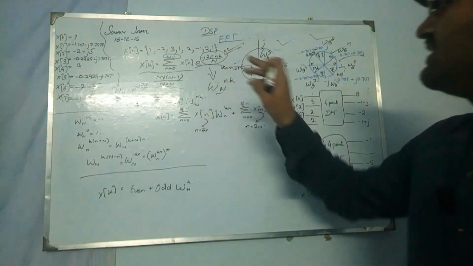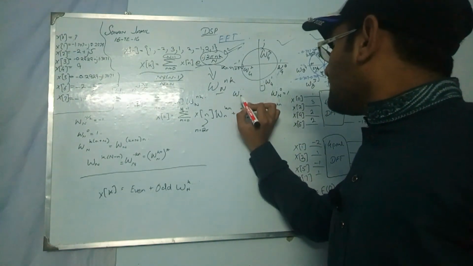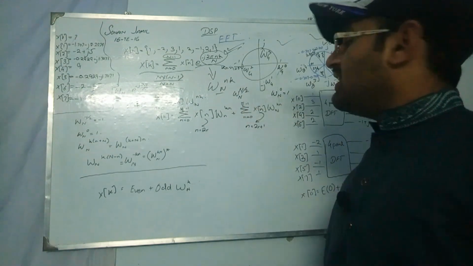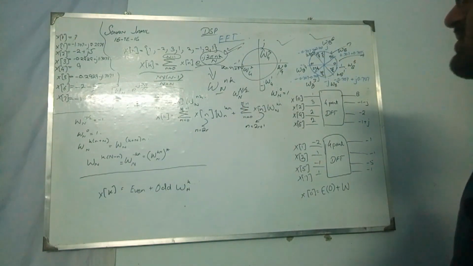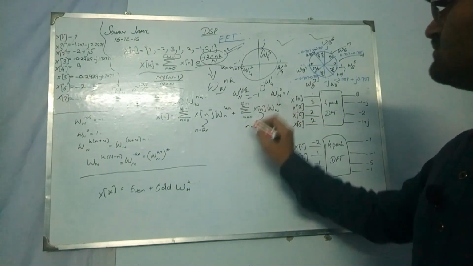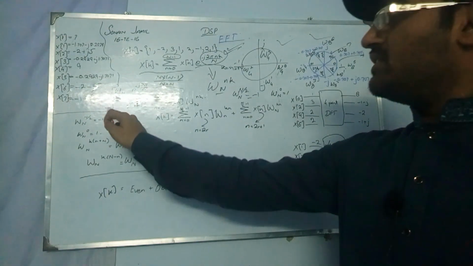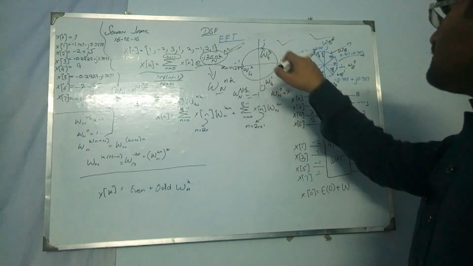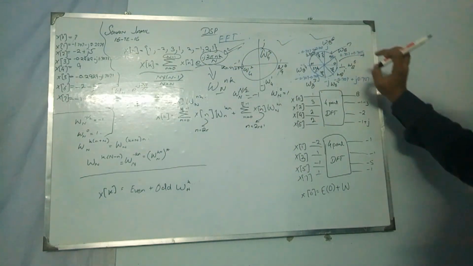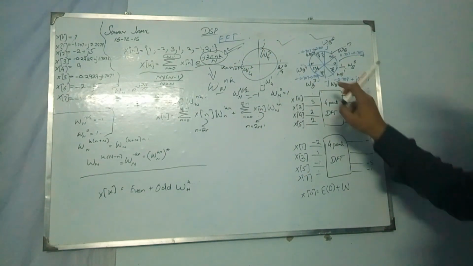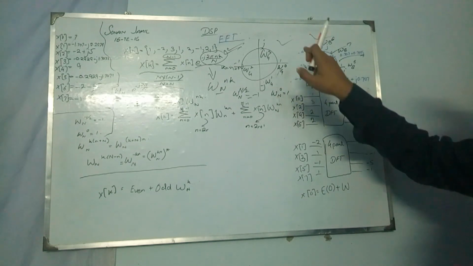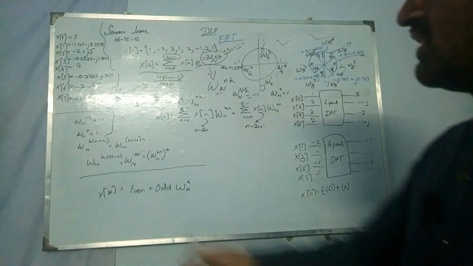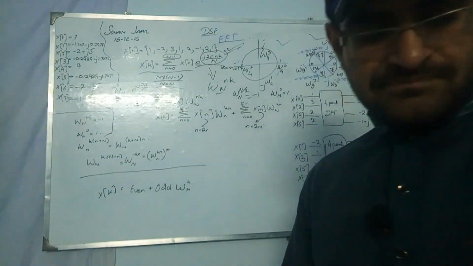On the other side, when W of N to the power N by 2 comes, the value is always minus 1, as I have written here. And you can see there are a lot of conjugates. This one will be the conjugate of this one, and similarly this one will be the conjugate of this one. I have written all these things.